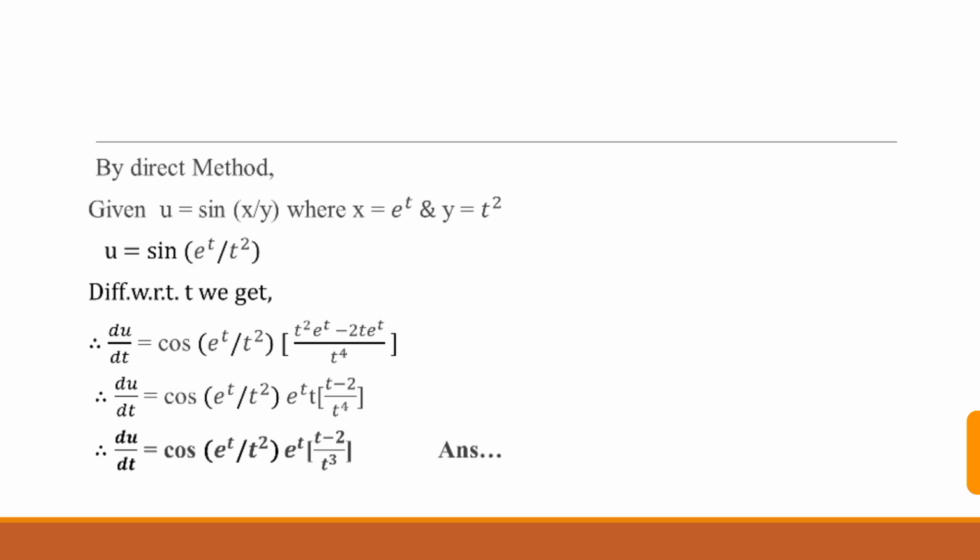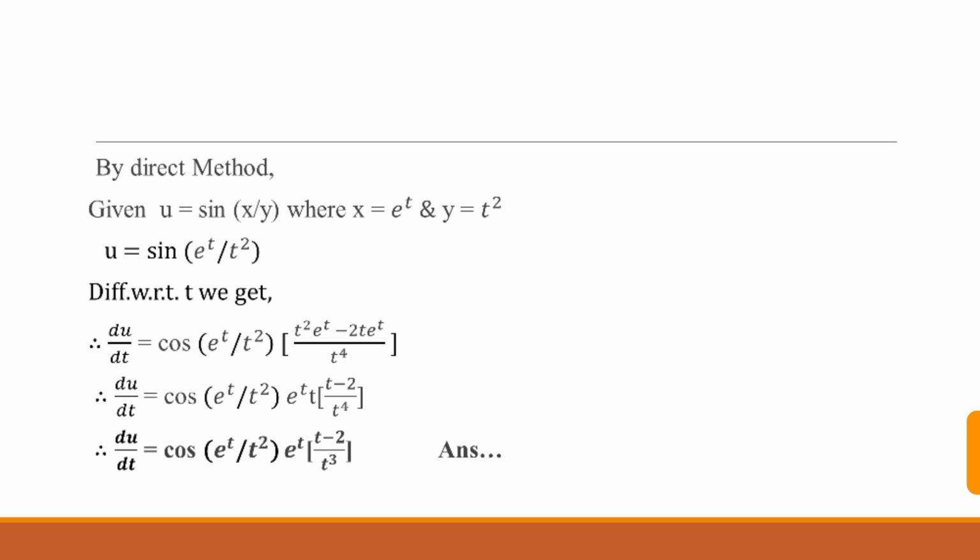That is, the derivative of u upon v is equal to v into derivative of u minus u into derivative of v, upon v square. According to that result, we get here t square into e raised to t minus 2t e raised to t upon t raised to 4.